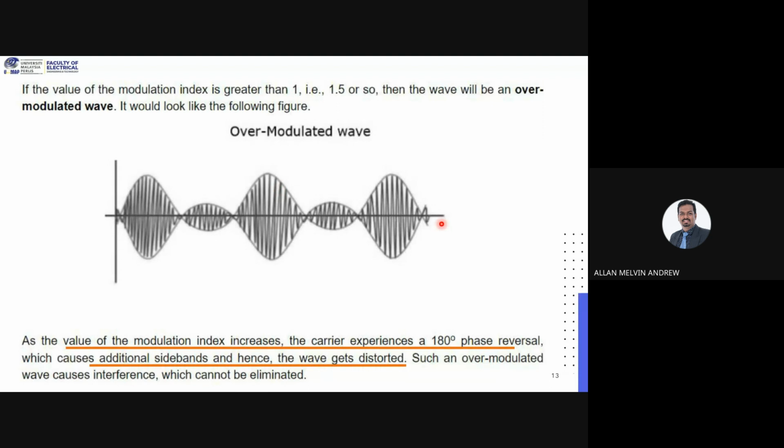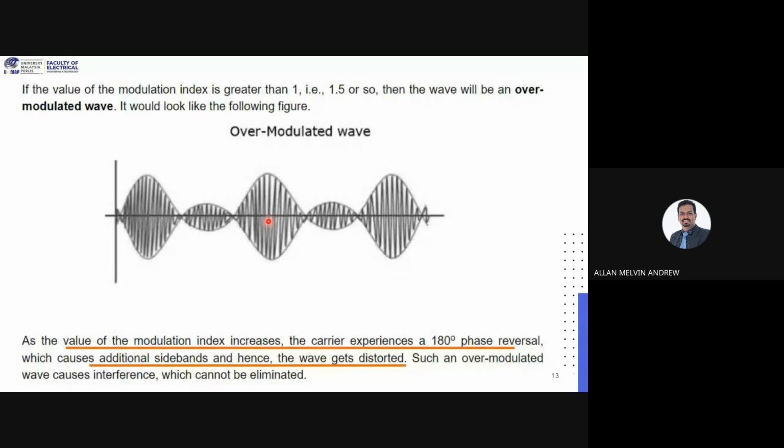So you cannot extract the message properly, and it will become an error. Like how I say, you are sending a message A, but the person might get a D, E, or F, which will affect the communication.